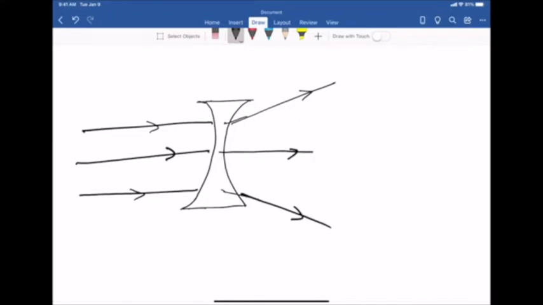And as a result of that, the rays of light are diverging. Now, suppose you produce these rays backwards. I'm just using blue to produce these rays backwards. If you produce these rays backwards, then they all seem to be originating from this point F. They appear to be originating from this point F. So this point F is called a virtual image.